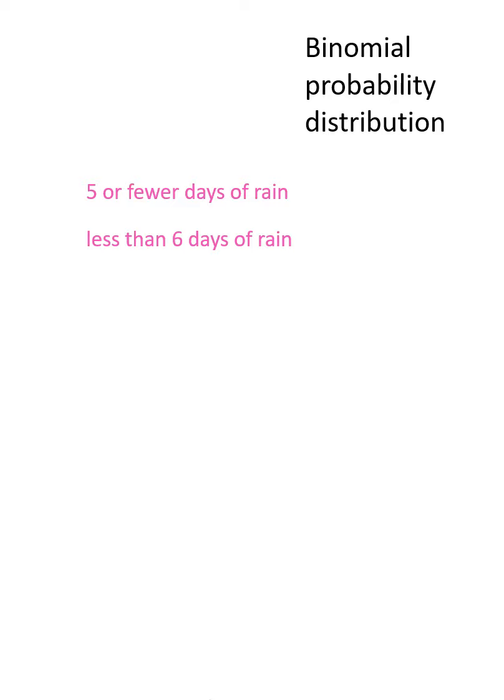Would you have interpreted that as the same question? It is the same question, because if you have less than 6 days of rain, that means you don't have 6 days of rain, you have less than that. But since rain on any given day is a binary condition, less than 6 is the same as 5 or fewer.